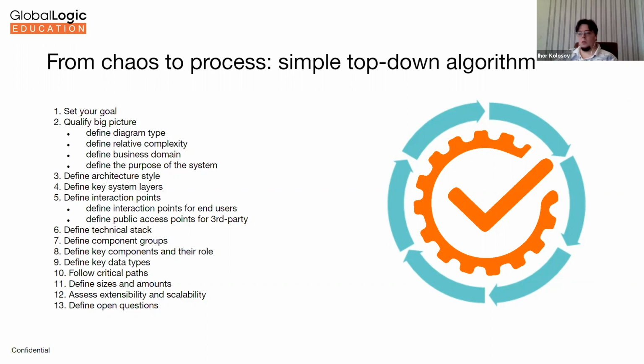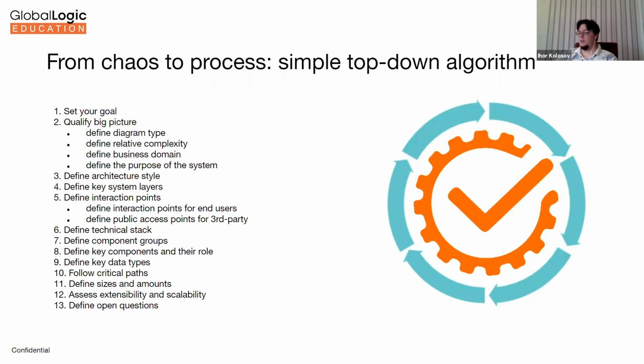Moving down, you probably will try to define key data types of your system. And the extremely important step here is to follow, or maybe to define for yourself, some critical usage scenarios, some critical usage flows for your system, maybe kind of a critical path, right?